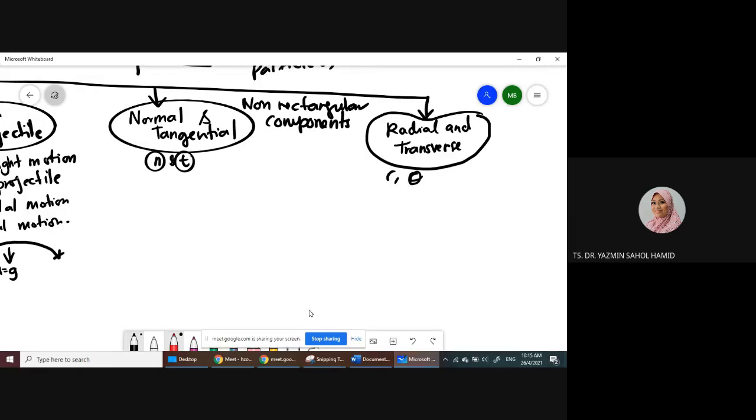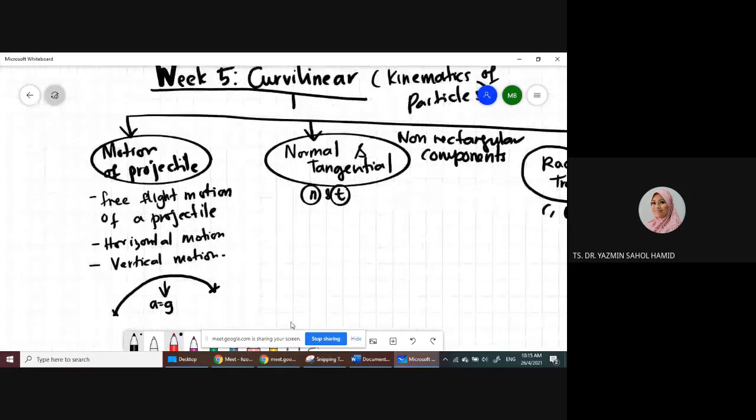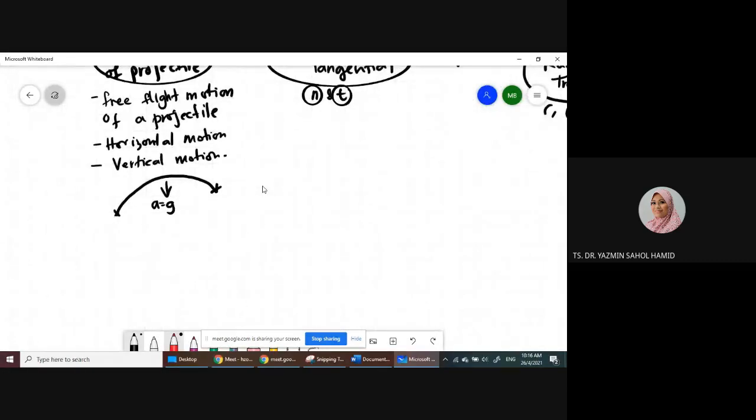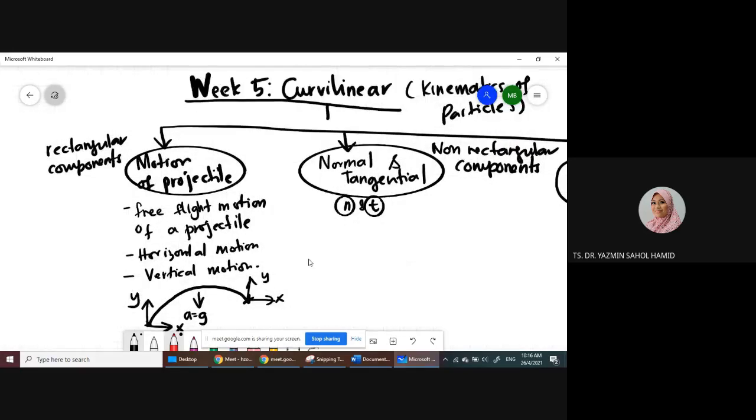If you remember when we did motion of projectile, we were doing the rectangular components. Rectangular components means that when you do motion of projectile, you need to resolve the questions in terms of the x and y coordinate system. Remember? That's why motion of projectile is what you call rectangular components.